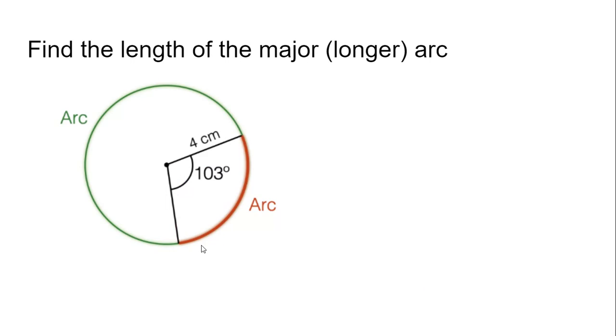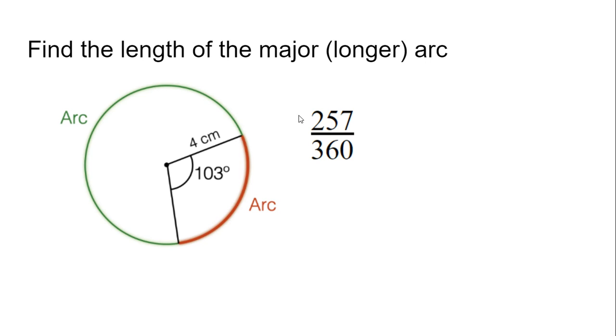This next example is about length. Now I want to find the length of the major arc. Major arc just means longer arc. They only use the words major and minor if you've got 2 sectors in your picture. But I want the longer arc. So what fraction of the circle is this big arc? Well, it's not 103 this time, so I have to subtract this from 360, and I get 257.